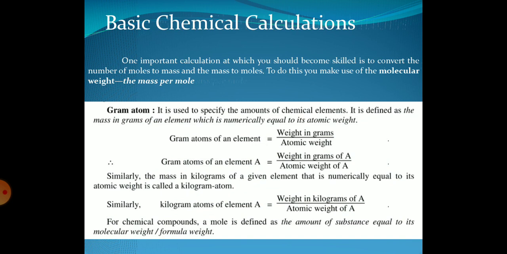Now, special emphasis is given to this in process calculation, because we know that every chemical reaction, say, suppose the reaction H2 plus 1/2 O2 gives H2O, is called a balanced chemical reaction, which is read as 1 mole of H2 reacting with half mole of O2 gives 1 mole of H2O.